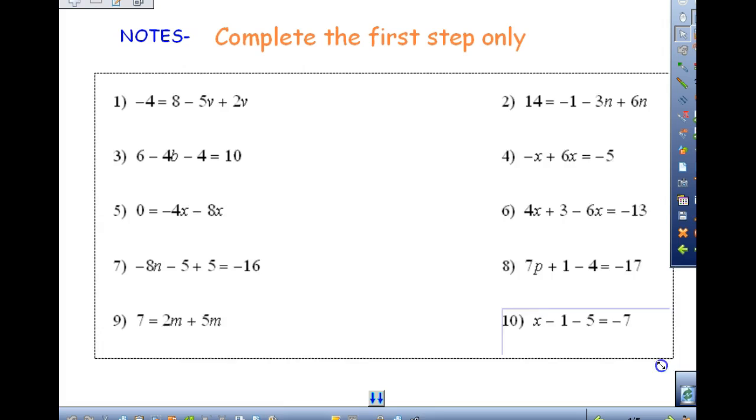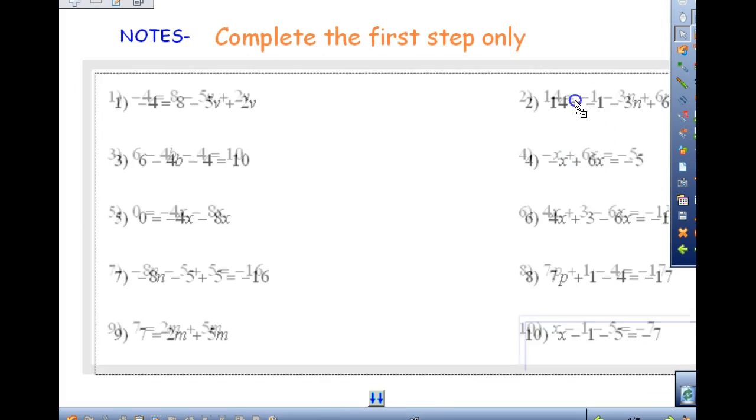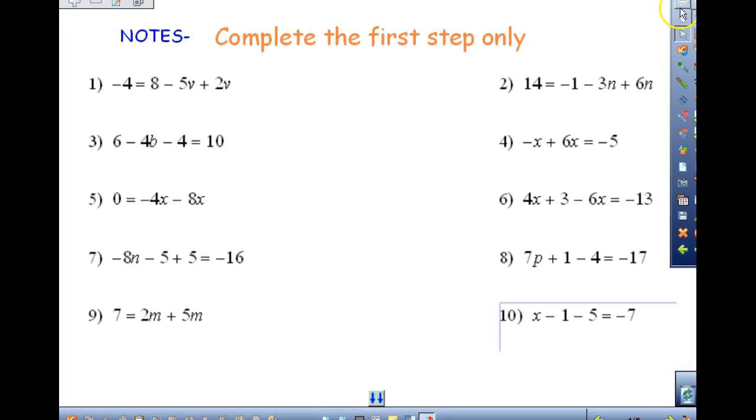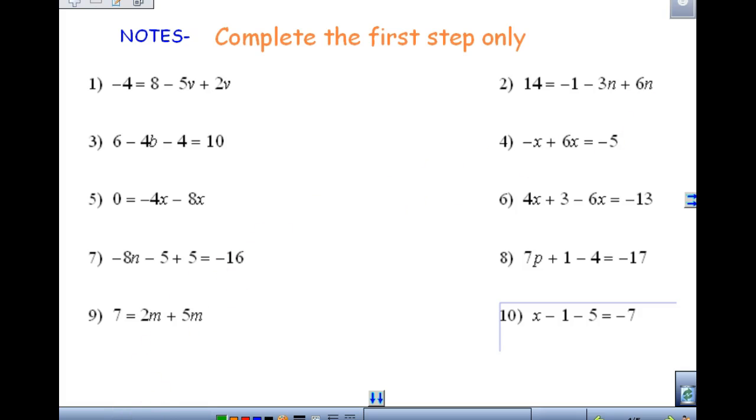Do them together, then I'll have you try the rest of them. And do just the first step on each one. So if it helps you to underline, go ahead and do that.